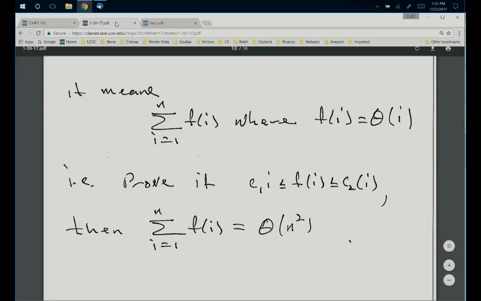Observe, f of n is in the class little o of g of n if and only if, what was the definition? We just looked at the definition.